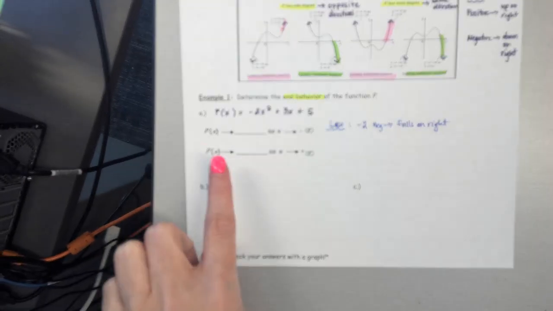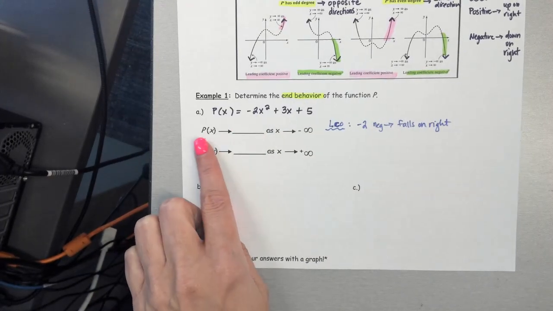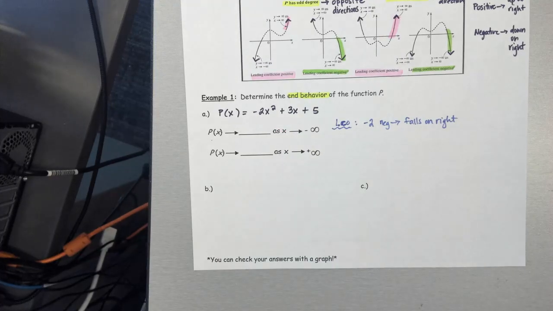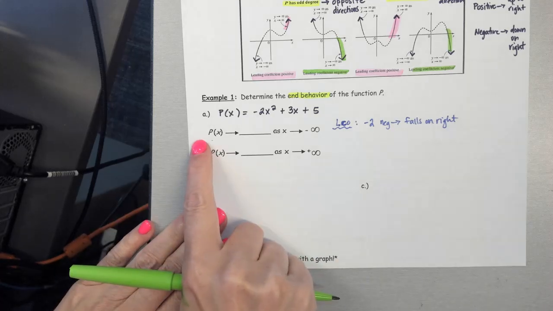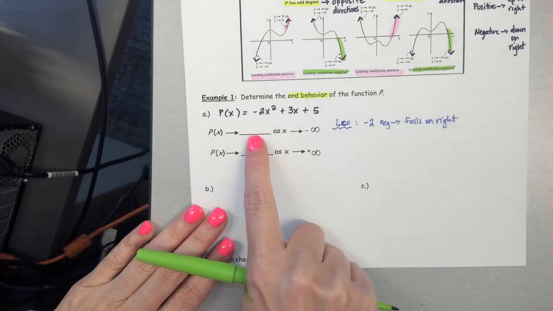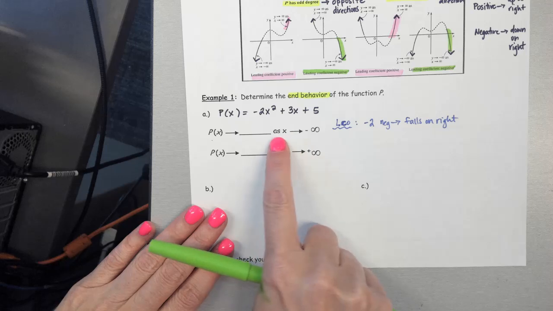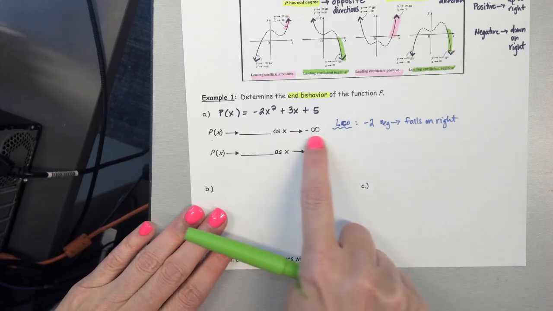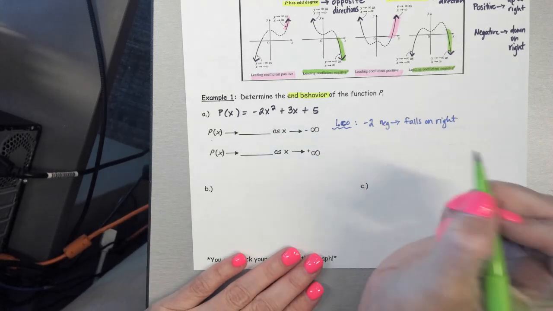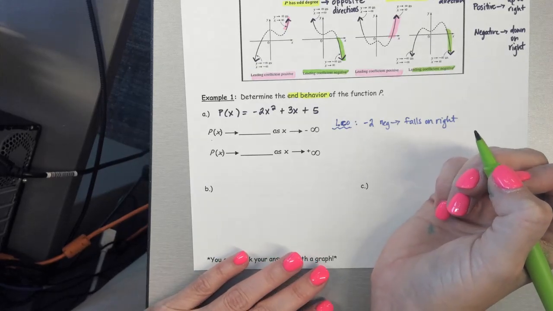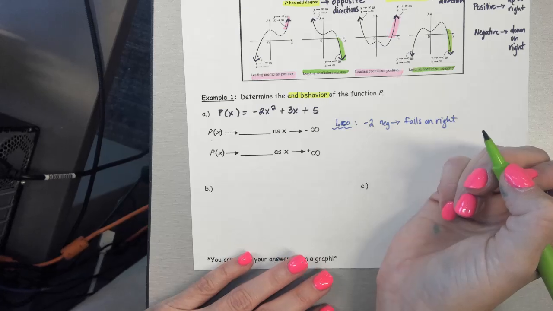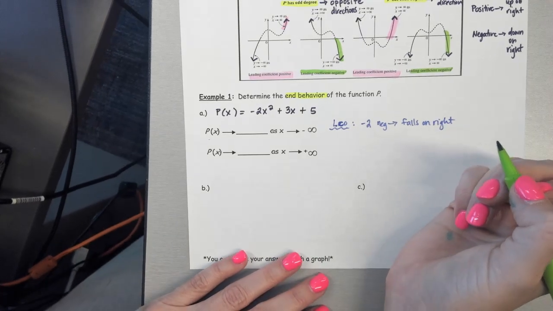So which one of these represents the right side, the first or the second? So p of x as x goes somewhere, as x goes to negative infinity. As x goes to negative infinity, what does that part represent? What part of the graph? Well, you guys know.